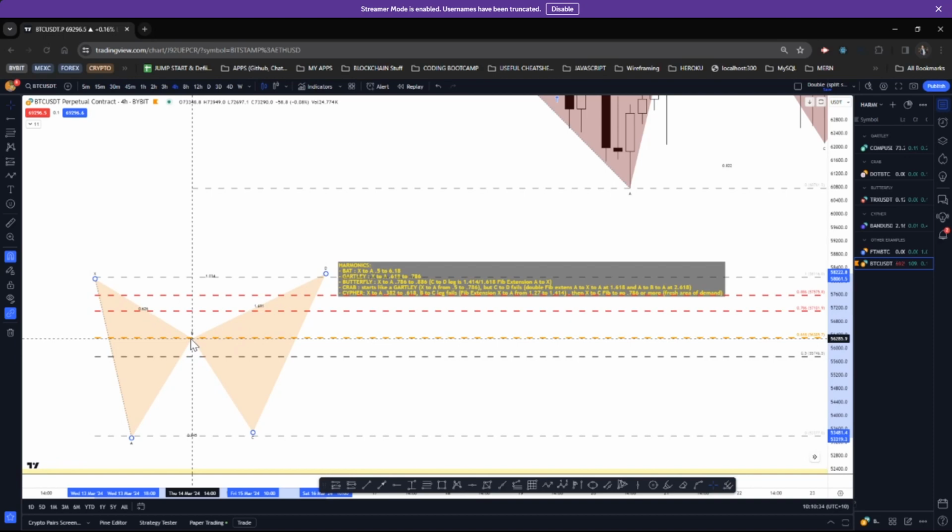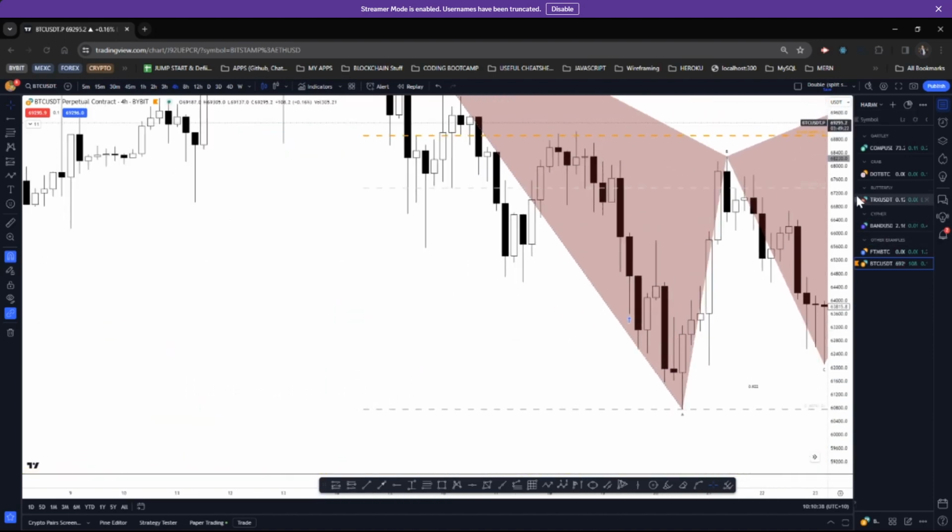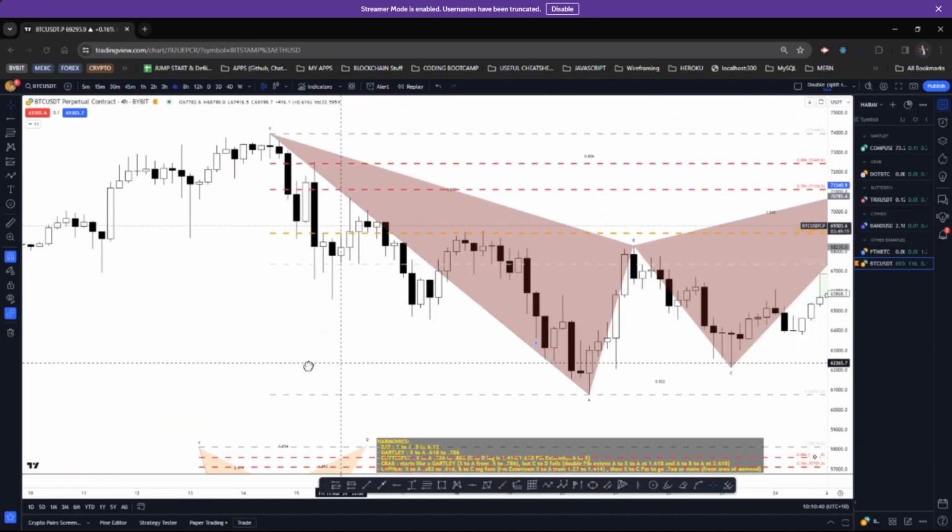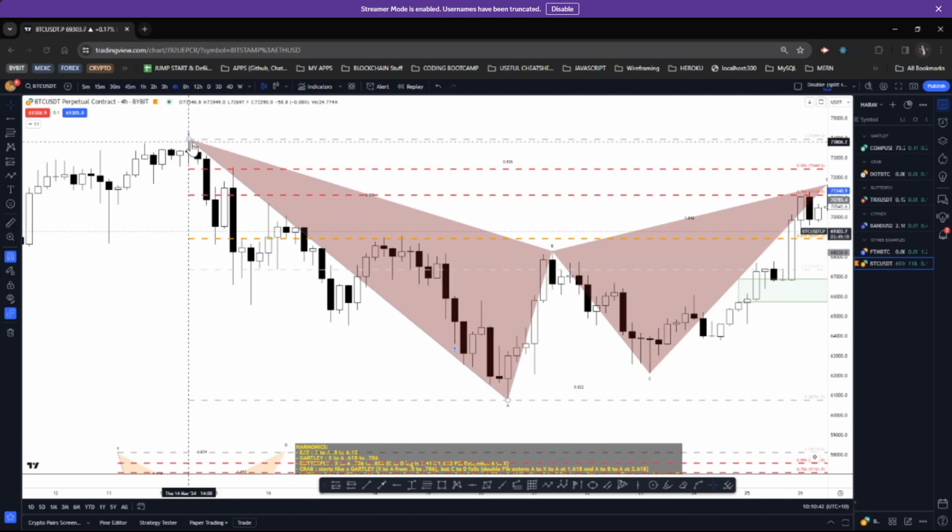Not even with a wick, guys, and this is probably something important that we also need to keep in consideration: how to take it. I always take my points from the highest closing candle, right? Important, from the highest closing candle to the lowest closing candle.